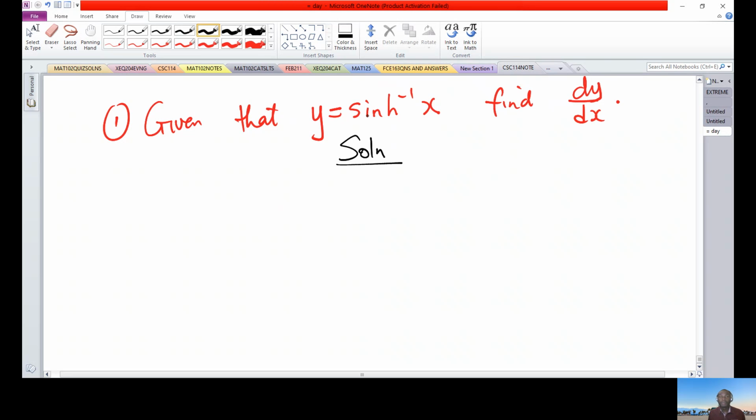You change from being an inverse hyperbolic function to just being a normal hyperbolic function. So note that y equals hyperbolic sine inverse of x is the same as saying x equals hyperbolic sine of y.